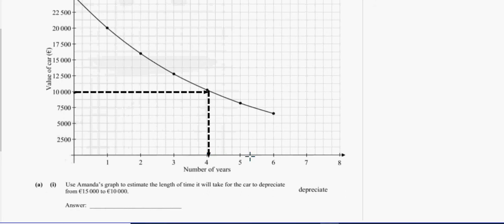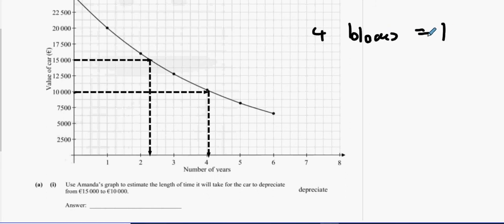Yes. 15,000 is how many years in? 2. 2 and a bit, I'd say. It's not 2.1. Ask her, how many blocks are there in between 1 and 2? Alright, 4 blocks is worth 1. How much is 1 block worth then?